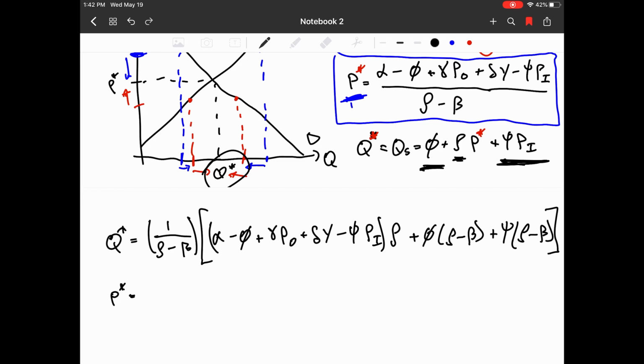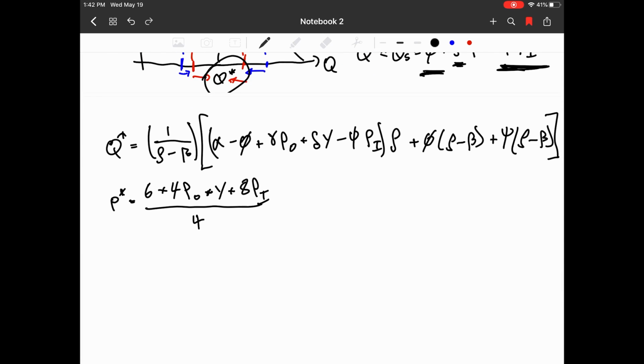So P star, when we plug in our parameter values, we get 6 plus 4 P0 plus y plus 8 pi, and that's all over 4. It's still pretty messy, but it saves us a bunch of work.